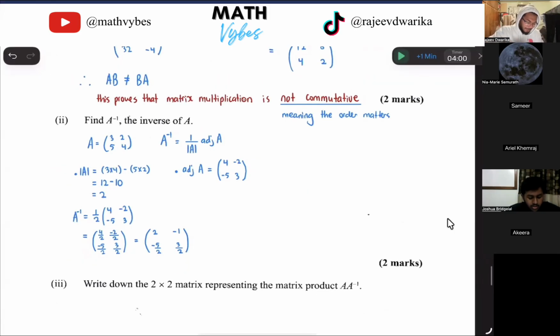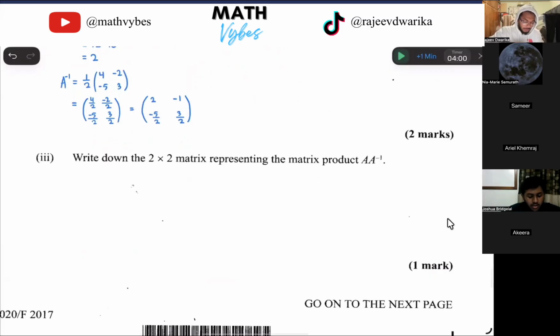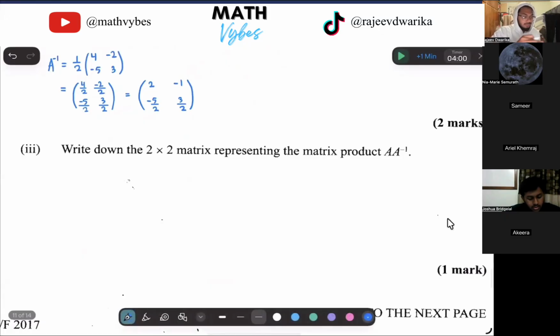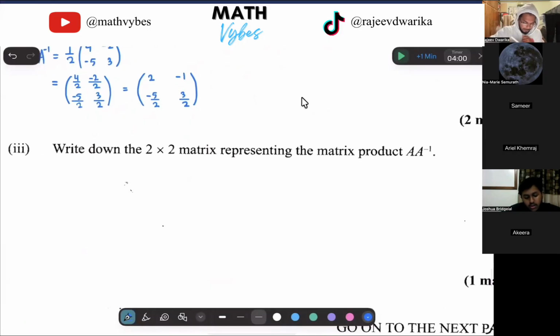Right. Let's move on now. Part 3. Write down the 2 by 2 matrix representing the matrix product A by A inverse. So anytime you multiply the original matrix by its inverse, what do you get? The identity matrix. Perfect. You get the identity matrix, I. And I is equal to what? 1, 0, 0, 1.